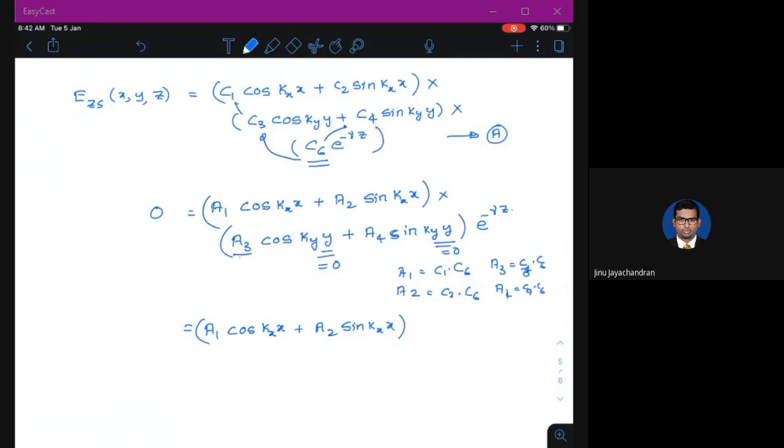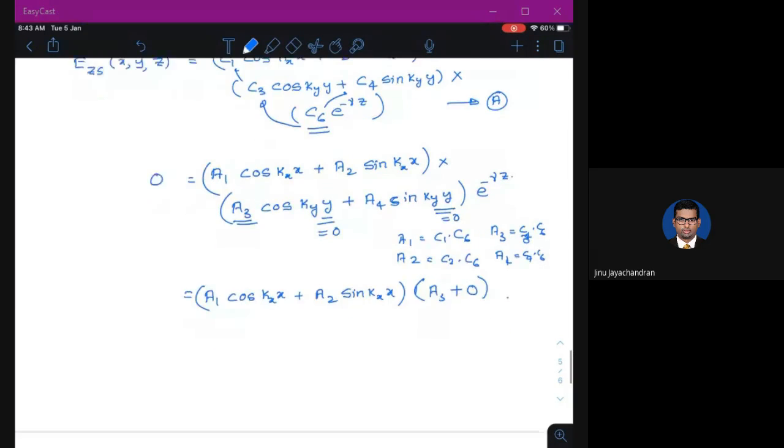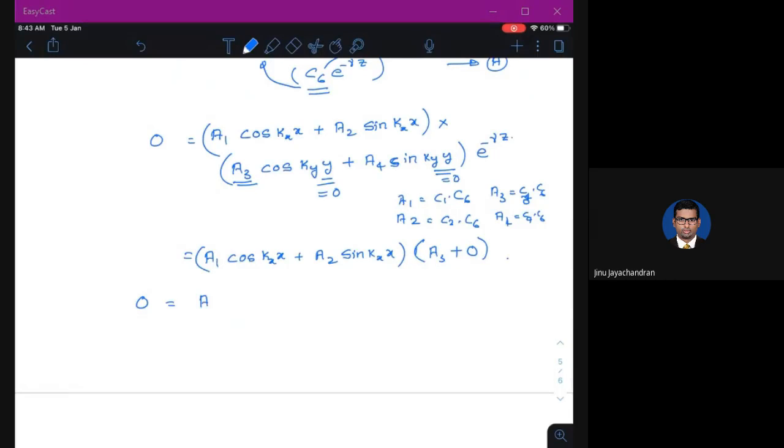So you will have A3, plus sine 0 is 0. So I have our equation: 0 is equal to A3 multiplied by A1 cos kxx plus A2 sin kxx. Now you need to find out what is the condition under which this equation will become 0, because the left hand side is 0.